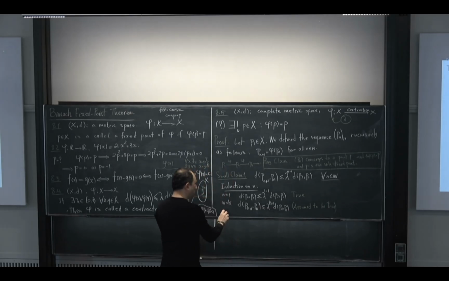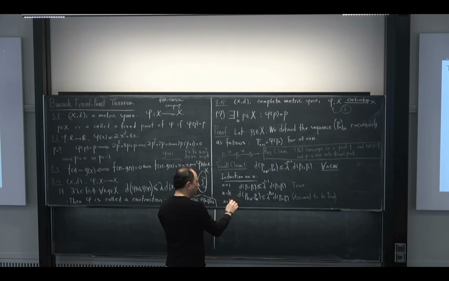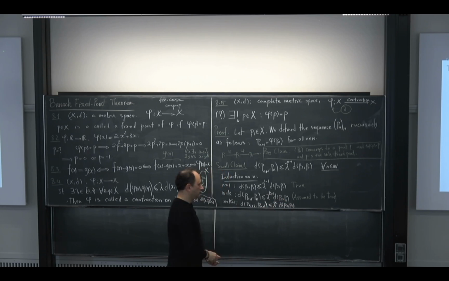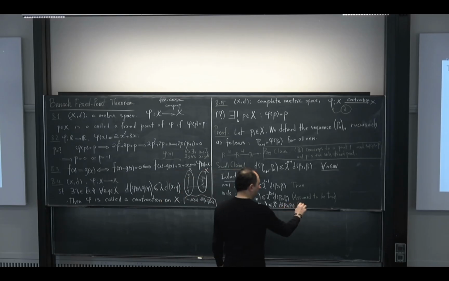Now I want to prove this is also true for the next stage. So d(p_{k+2}, p_{k+1}) is less than or equal to lambda to the power k times d(p2, p1), to be proven.